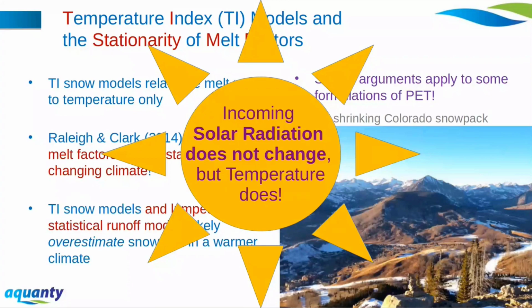And so if you're implying this relationship, basically your model is going to draw a wrong conclusion and will assume that solar radiation increases, right? As temperature increases, but that's not the case. So it just gets the physics wrong. So yeah, don't use temperature index models. This also has implications for PET.